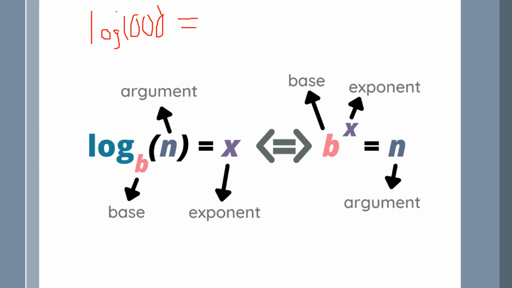Remember, if you don't see a base at the bottom, you should know that it has an invisible base of 10. So it's saying 10 to what power gives you 1000. And the answer of that should be just 3. And the answer there is 3.